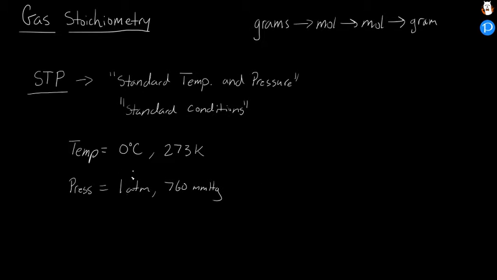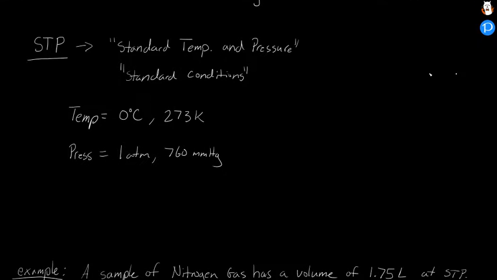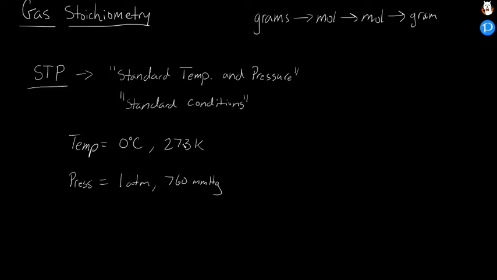But remember, for our ideal gas law, we're going to be using atmospheres. So 1 atmosphere of pressure at 0 degrees Celsius or 273 degrees Kelvin. Those are standard temperature and pressure. And so if a problem says at standard temp and pressure, that means it's at 0 degrees Celsius or 273 K and 1 atmosphere pressure.